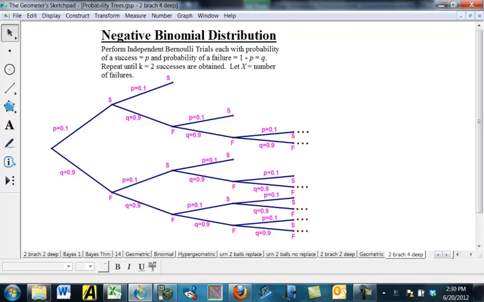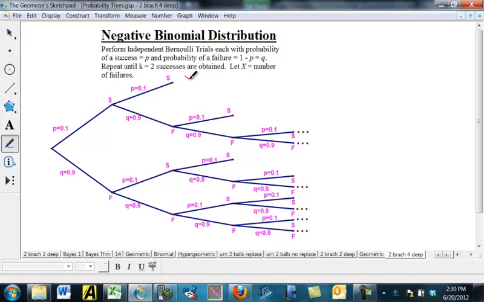And this time, however, instead of counting the total number of trials, we're going to count just the number of failures. So let's look at this top branch of our tree. We could have a success. No matter what we do the first time, we're going to go again because there's no way to get 2 successes with 1 trial. But we could go 2 trials and get a success.